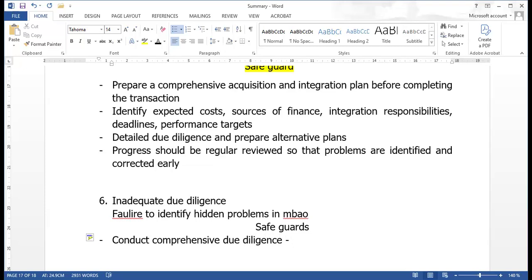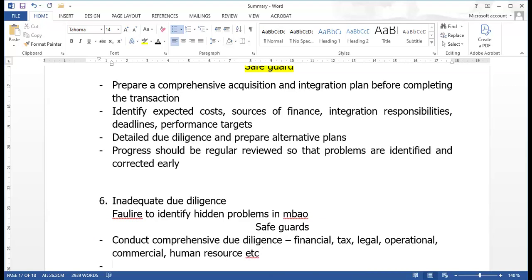So you look at the financial, you look at tax, you look at legal, you look at operational, you look at commercial, you look at human resource, etc. So don't just look at only one aspect of financial and think all things are okay.